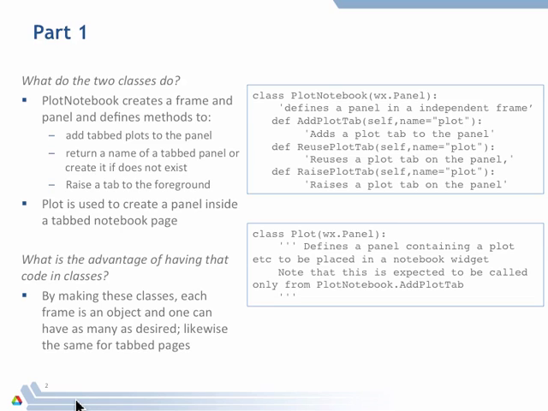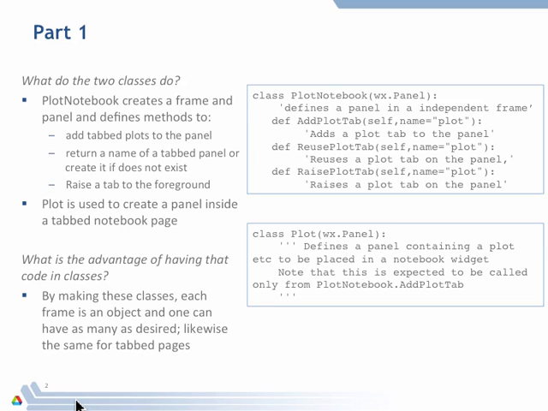So why are these classes? Well, the obvious reason is that within a window, you want to have as many plots as you want, and each one gets a tab. So each one of these plots is an object, and then you can have as many as you want.